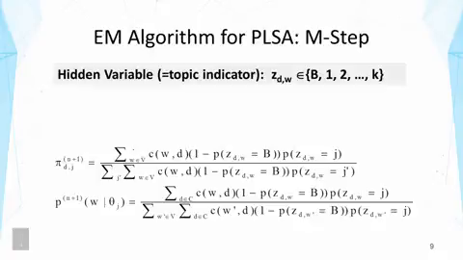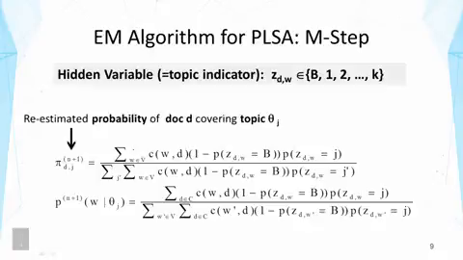So in this case, we can re-estimate our coverage probability. And this is re-estimated based on collecting all the words in the document, and that's why we have the count of the word in the document and sum over all the words. And then we're going to look at to what extent this word belongs to the topic theta sub j, and this part is our guess from the E step.